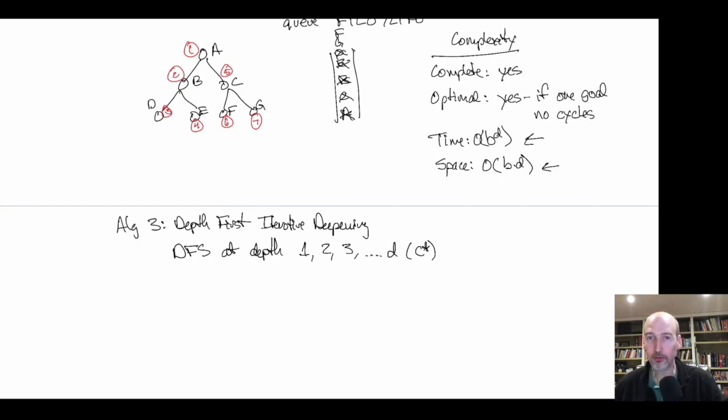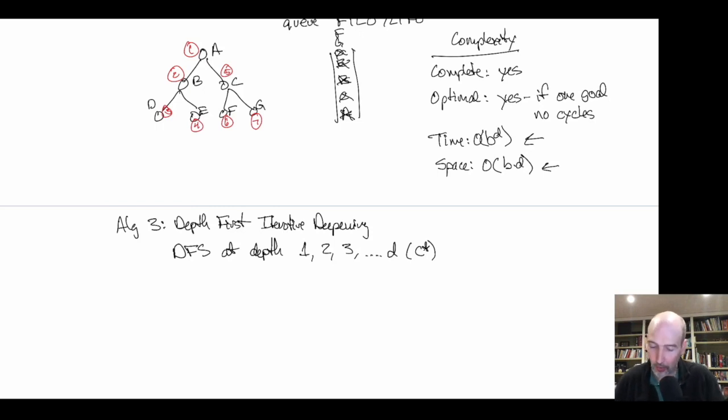And so depth first iterative deepening is not only going to solve the problem of if there are multiple goals that I will find the right goal, but it's also going to solve the problem of maybe I'm wasting a lot of time in some branch that doesn't actually contain the goal, where the tree has gone to depth D, but maybe D and C star, the optimal solution quality, don't align with each other.